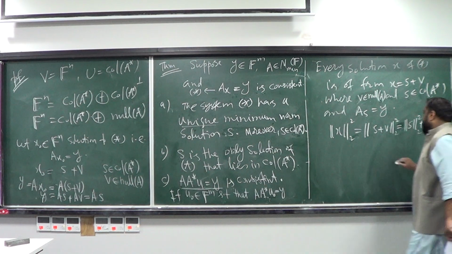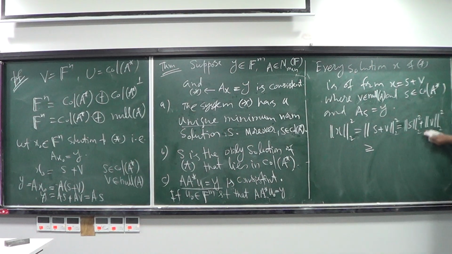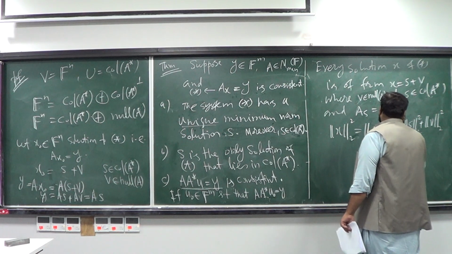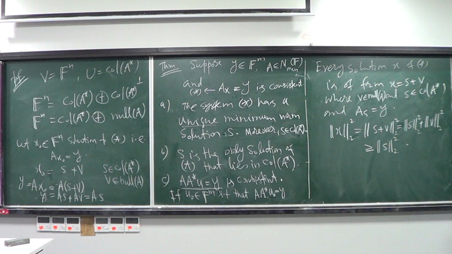And if this is the case, then what does this show? If I drop this term out of this expression, it would be bigger than or equal to the norm squared of s. So what does this show?